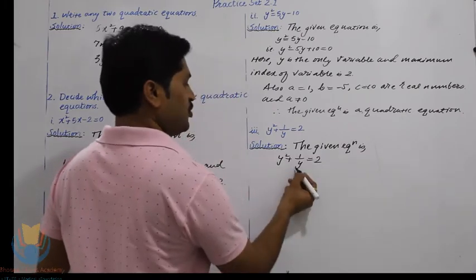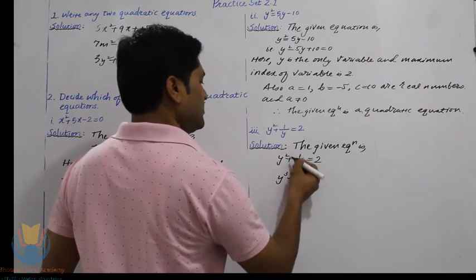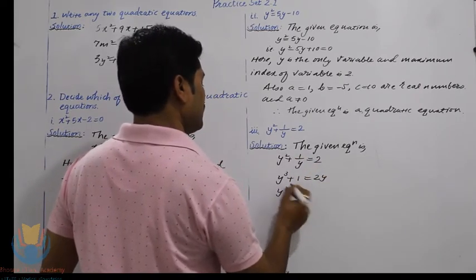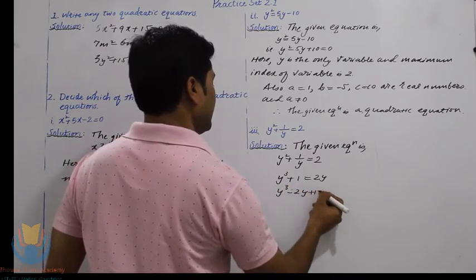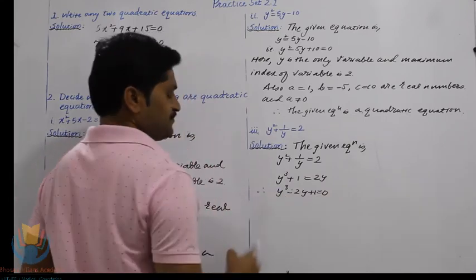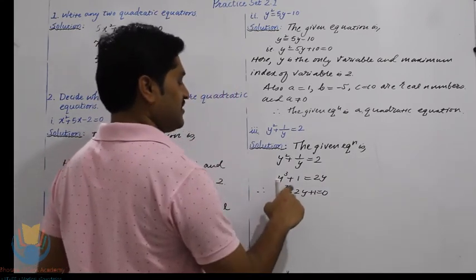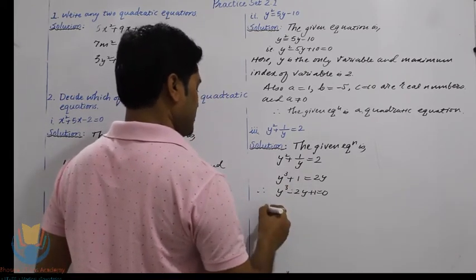Here we have to multiply throughout by y, so this is y cube plus 1, which is equal to 2y, and the same can be written as y cube minus 2y plus 1 is equal to 0. Although y is the only variable, the maximum index is not 2, so that's why it is not a quadratic equation.